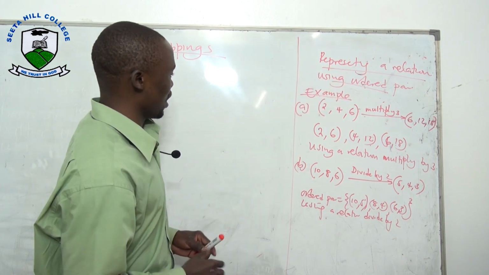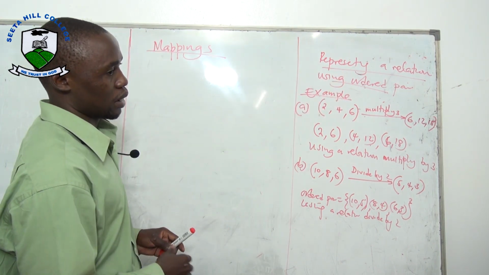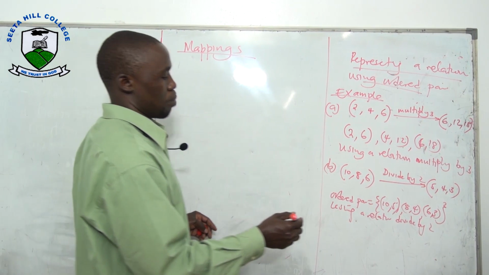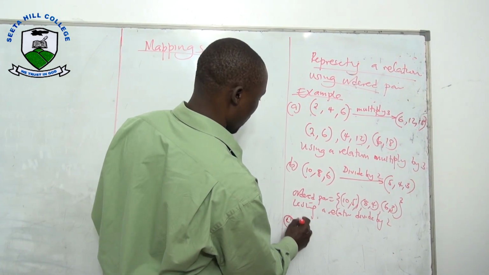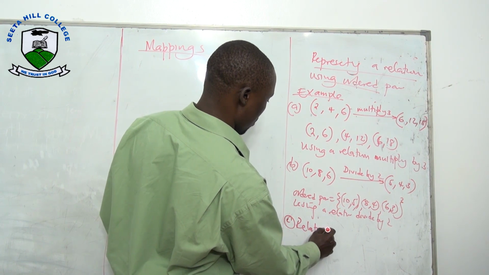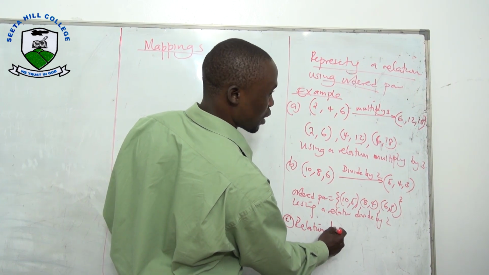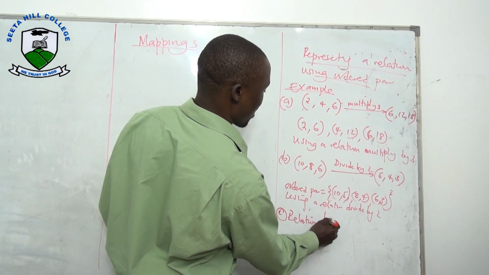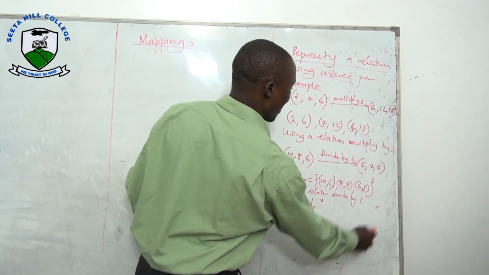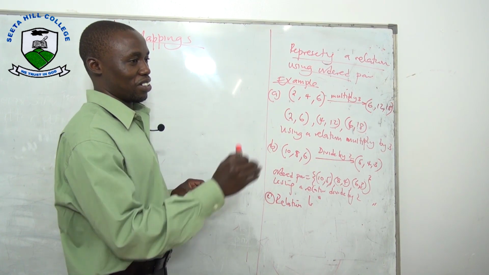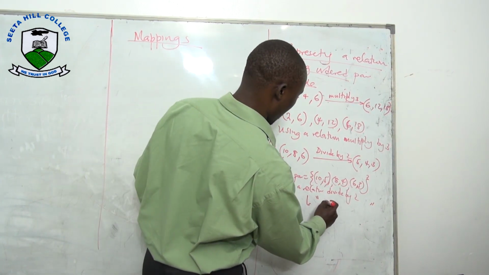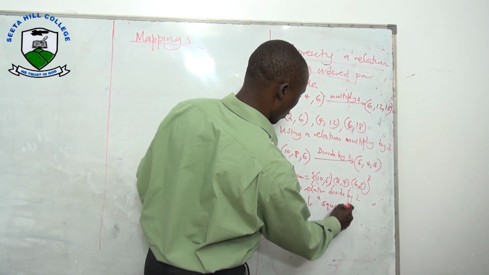Okay, give us the other last relation and we connect. Then we jump to mappings. Yes, Ruth. Which relation here can we use to create ordered pair? Square.